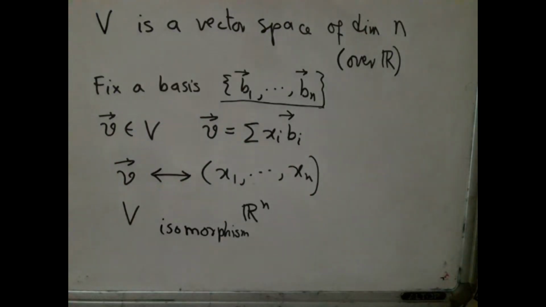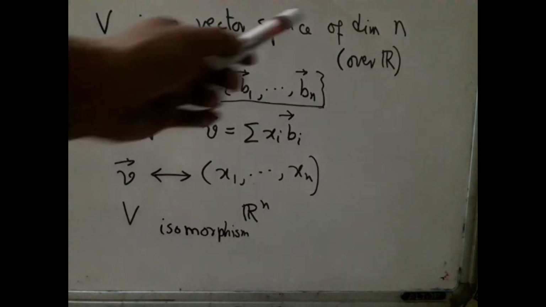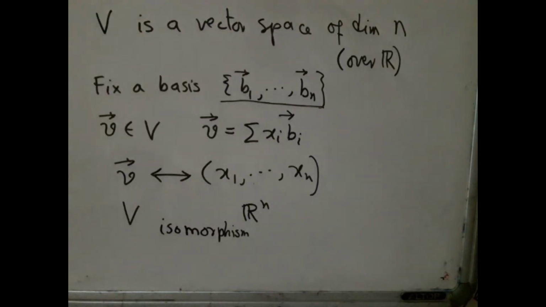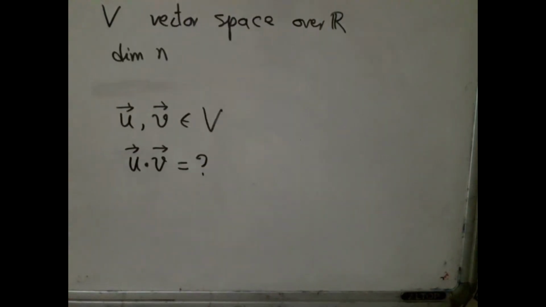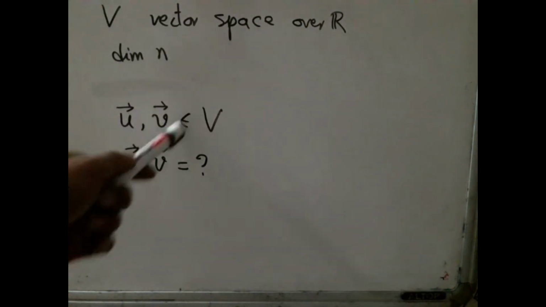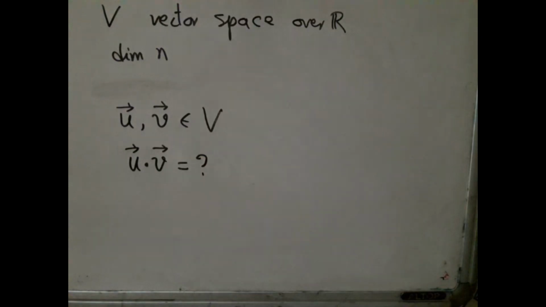So I can generalize the concept of dot product and norm to any arbitrary vector space of dimension n in the following way. I have a vector space over R of dimension n. I take any two vectors in V and I want to define their dot product. How do I do it? I first start by fixing a basis.